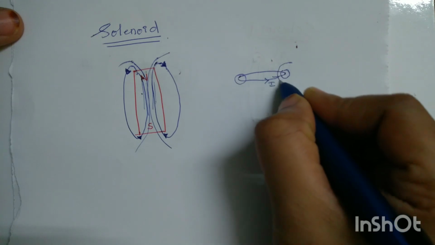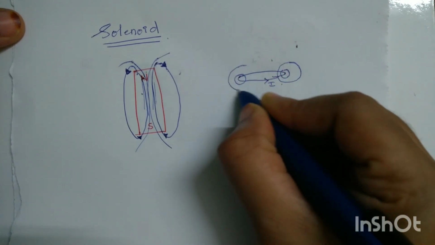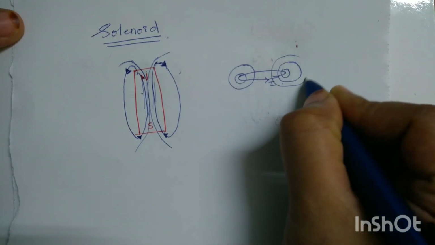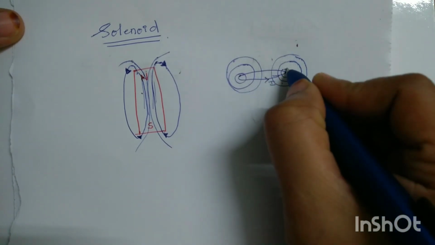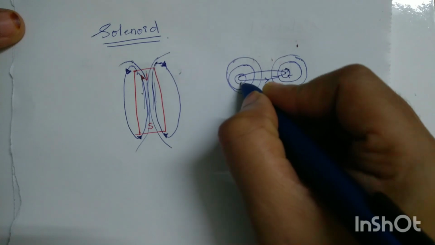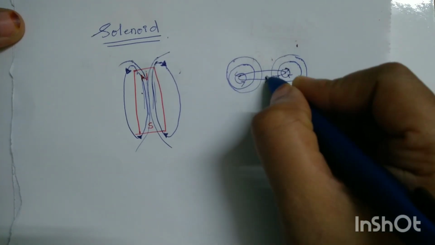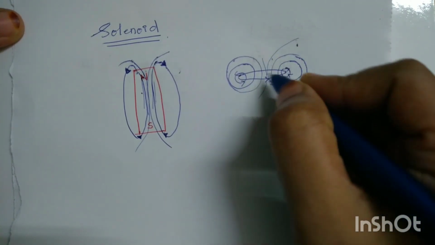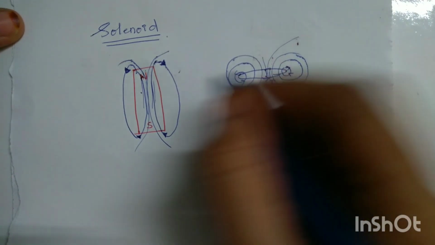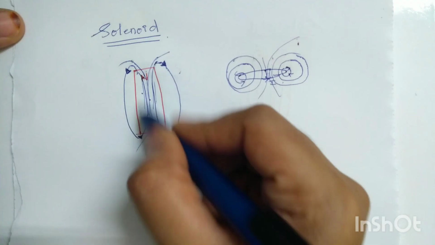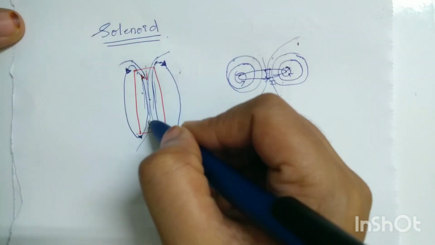This magnetic field forms a circular loop. It is entering in this direction and leaving in that direction. Here also we can see parallel lines, but the width of these parallel lines is much smaller as compared to the parallel lines in the case of a solenoid.